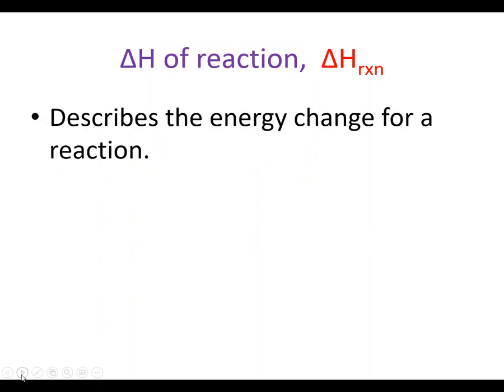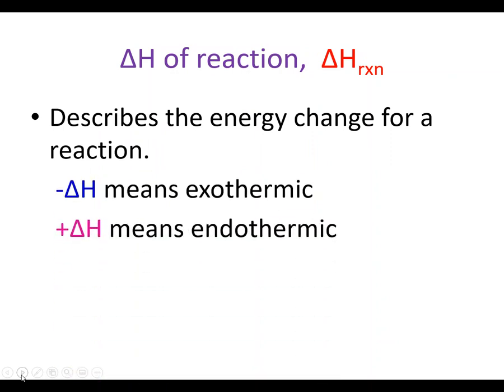So delta H of reaction describes the energy change for a reaction. If the delta H ends up with a negative sign after all you're calculating, that means it's exothermic. The positive sign means it's endothermic. Once again, that sign designation is basically referenced off the system. So if the system's gaining, then it's absorbing, then it's positive.